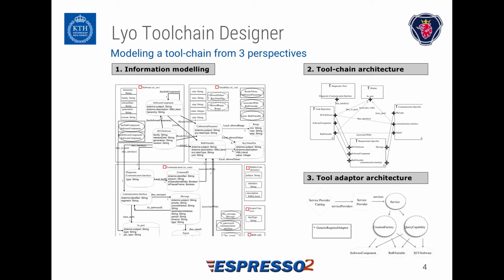This specifies the distribution of resources across the tools in the toolchains, both in terms of the providers as well as consumers of resources. In the bottom right corner, you can see the adapter architecture view, for the detailed design and implementation of each tool interface according to the OSLC standard. By providing this integrated set of views, we ensure that adapter implementations are compliant with the architecture.